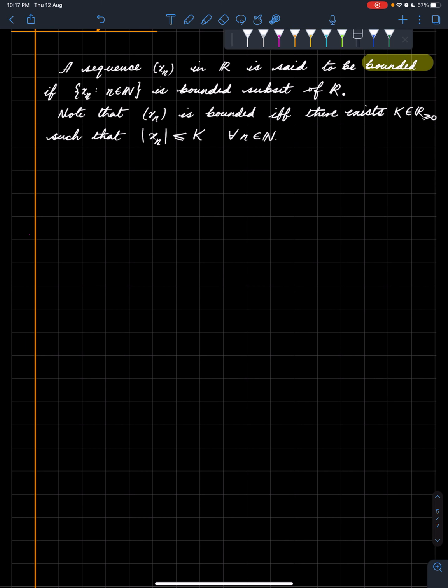Okay, and now let's see some examples. Define xn equals 1 by n for all n. The sequence that we get out of this is bounded, clearly, because 1 is an upper bound and 0 is a lower bound. So it's a bounded sequence.